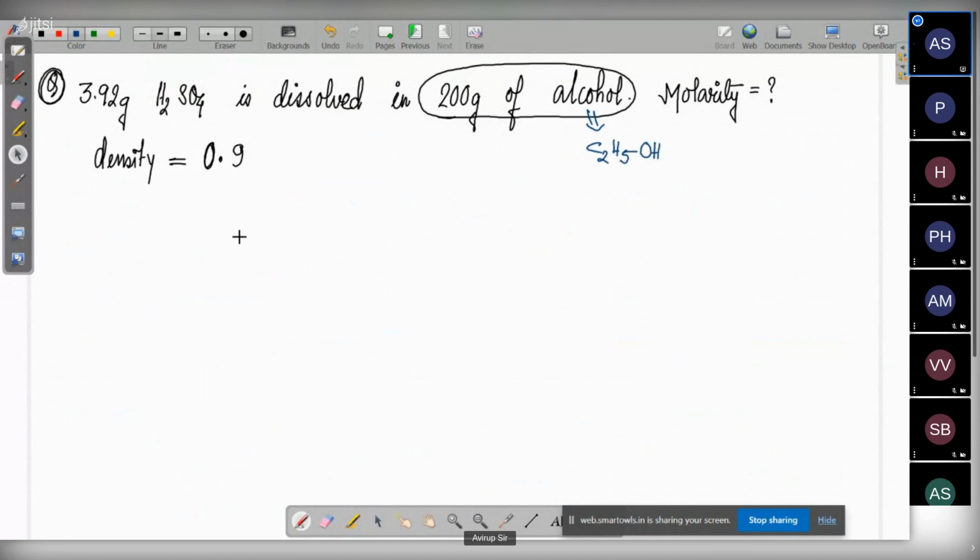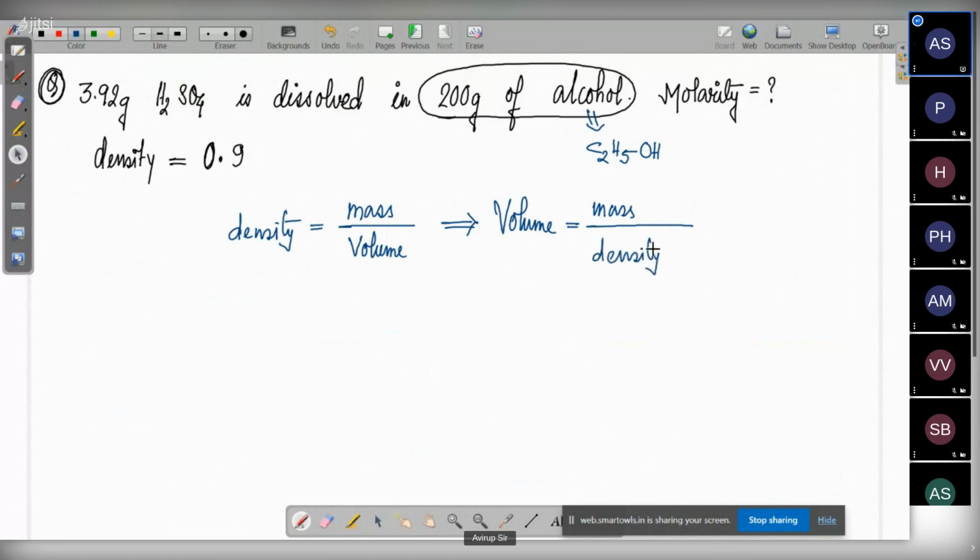The relation is density is equal to mass by volume. So you can get from here volume is equal to mass by density. And what is this mass? This is the mass of the alcohol, which you have to separately calculate.